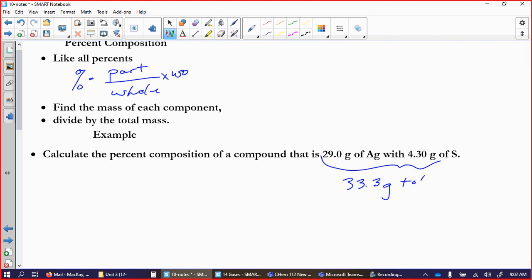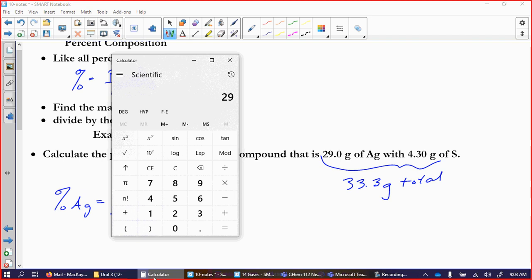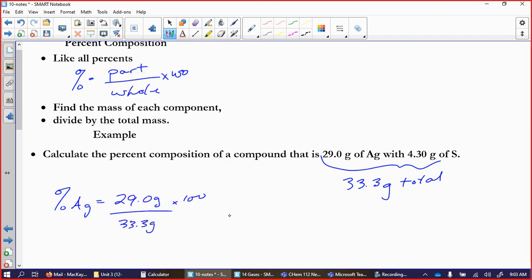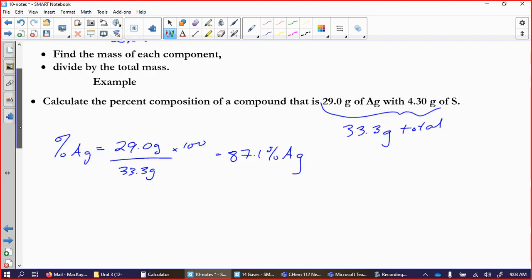in total. So if I want to find percent silver, 29 grams of silver over 33.3 grams total. Whether you write the times 100 or not is somewhat irrelevant. 29 divided by 33.3 gives us 87% of that compound is silver.